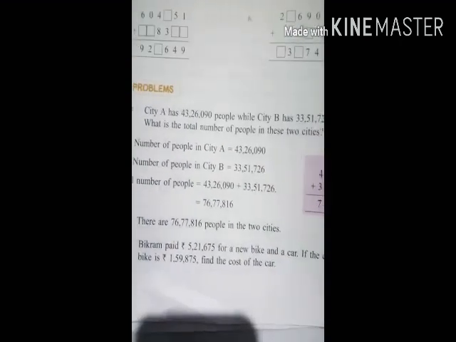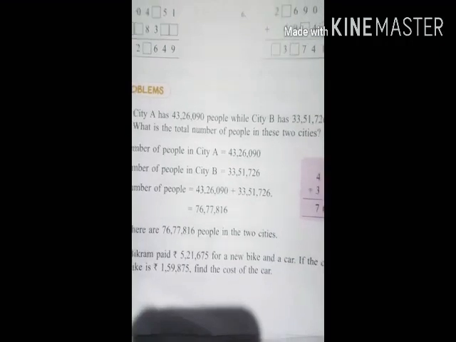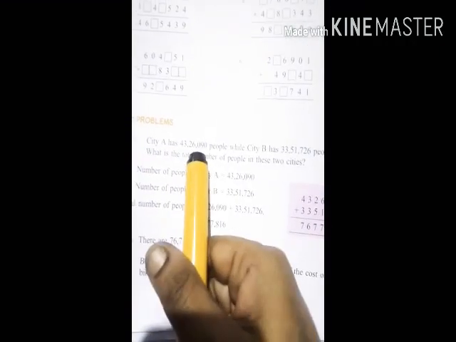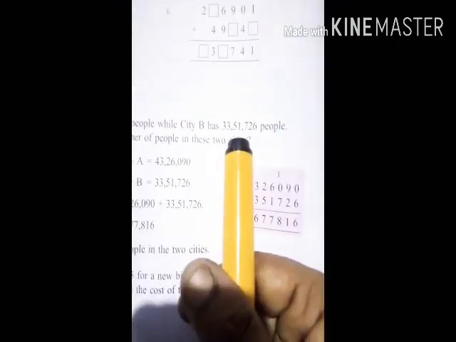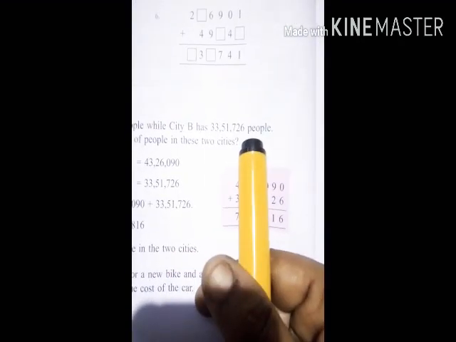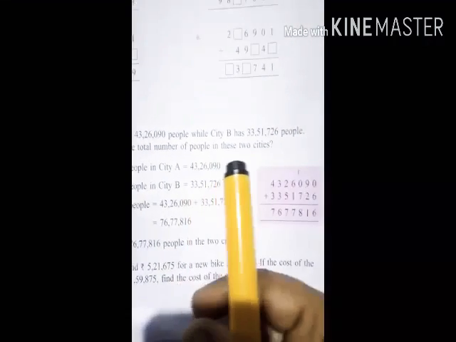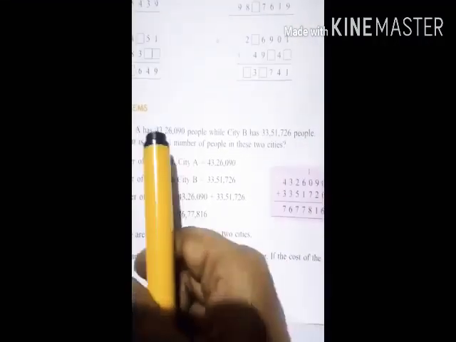Let us do a word problem related to addition. See, city A has 43,26,090 people, while city B has 33,51,726 people. What is the total number of people in these two cities? Total number means you have to add.